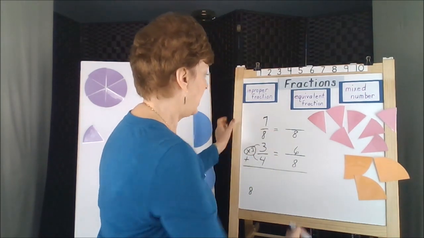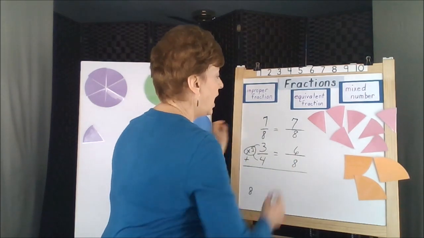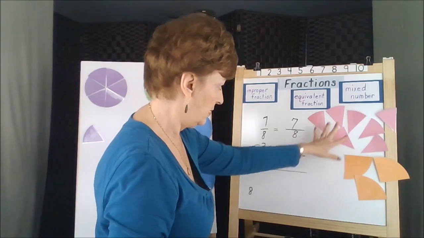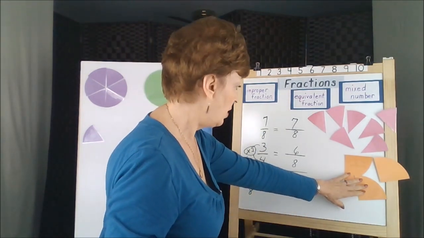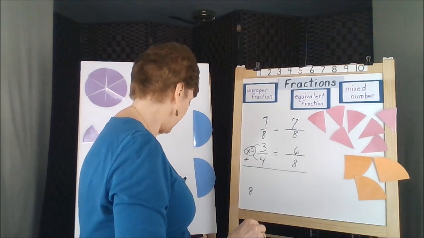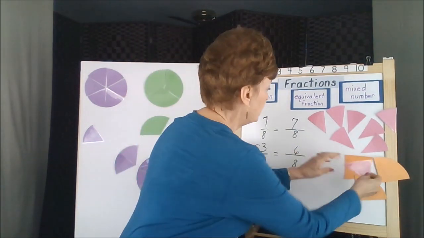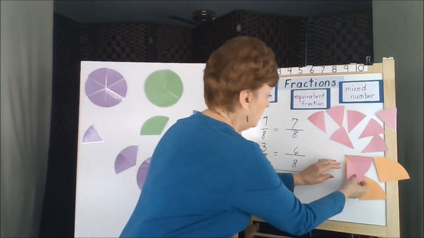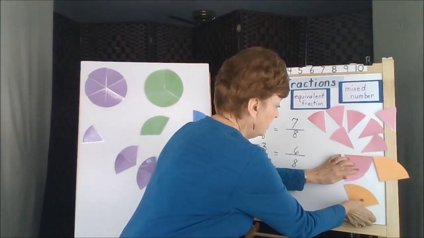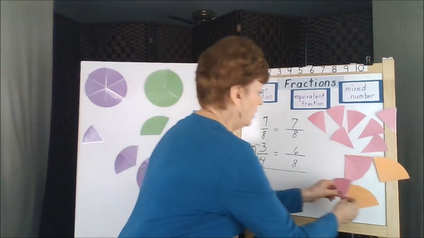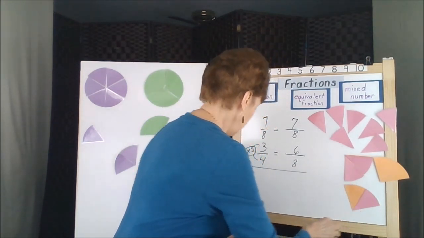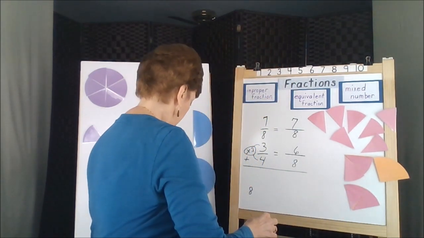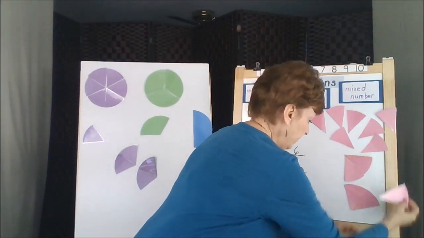7/8 is already an eighth, so I'll just move it over. I can keep all of my pink slices, but the orange ones will have to get changed into eighths. So as you can see, I'm going to need 6 of these. 1, 2, move it down. 3, 4, 5.